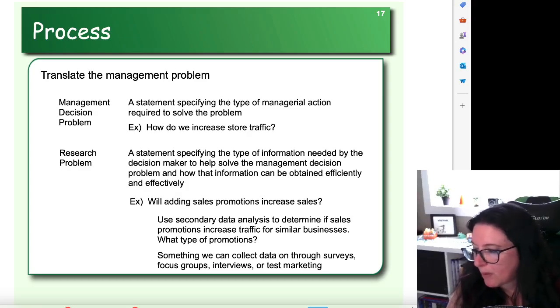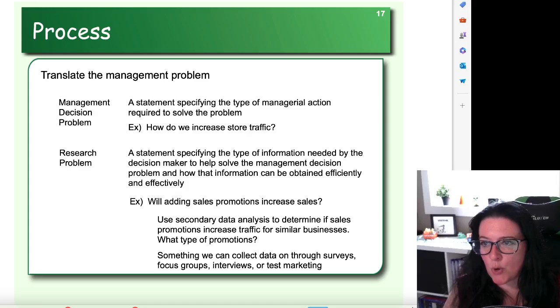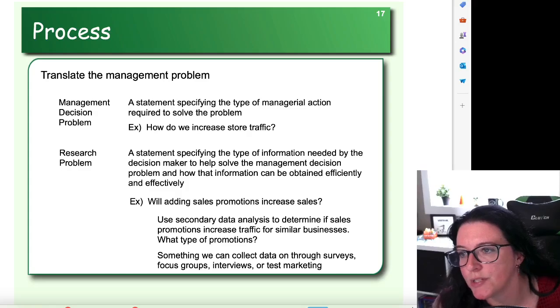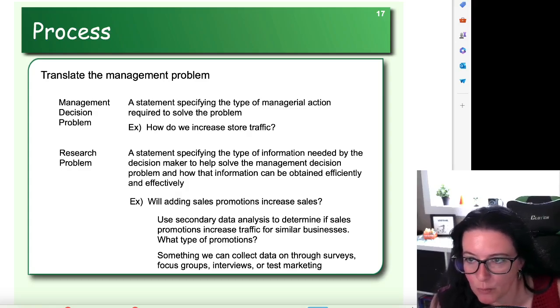That research problem, right, is going to specify the type of information and how information can be obtained. So really, after all the probing, we want to know is, will adding sales promotions increase sales? So can we get more people in the door if we put on a promotional campaign? That's the underlying thing that we're trying to figure out.